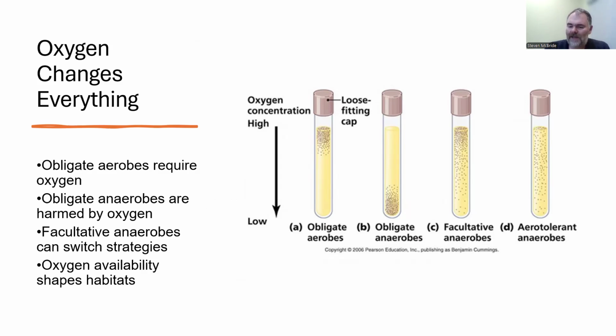Because oxygen availability varies between environments, it strongly influences which microbes can survive in a habitat. For example, oxygen may be abundant near the surface of soil or water, but absent deeper down. This creates different microbial communities in different layers of the environment. So even small environmental changes can dramatically alter which microbes dominate a particular ecosystem.